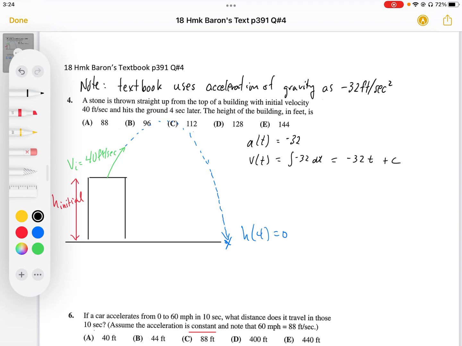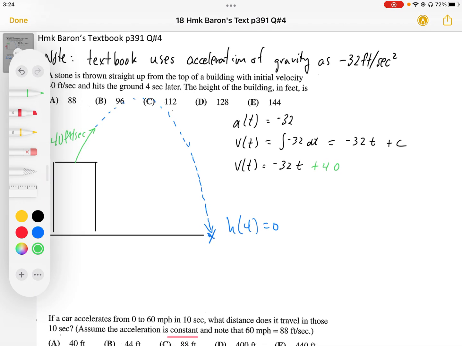Now, when we plug in our initial velocity, when t is 0, our velocity is 40, our v of t function then works out to be negative 32t plus 40, which is my initial velocity. Okay, so when t is 0, v is 40.